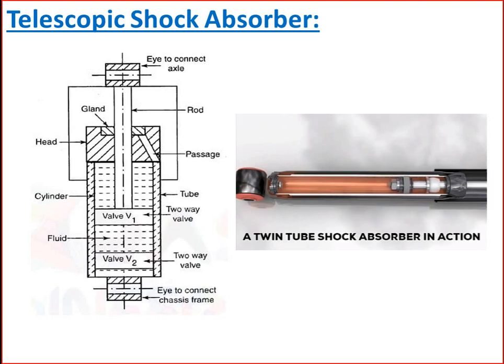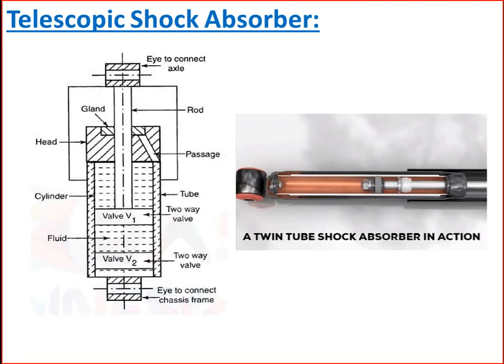Another two-way valve V2 is connected to the lower end of the cylinder. The fluid occupies the space above and below the valve V1 and also the annular space between the cylinder and tube. A gland is provided on the head. Fluid scraped out by the rod is brought down into the annular space through the inclined passages.